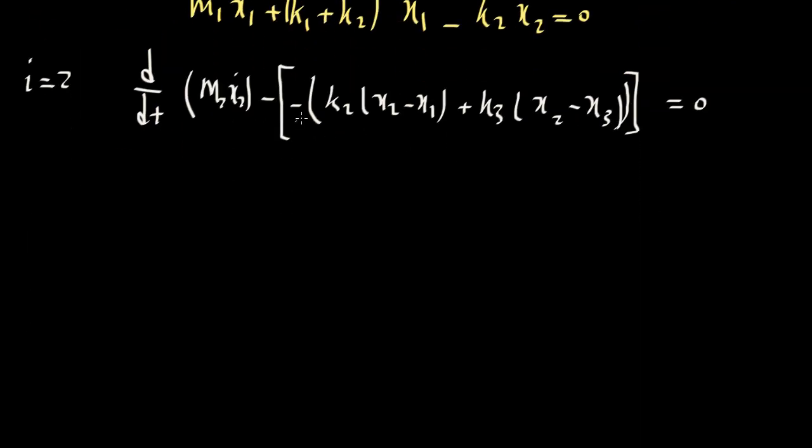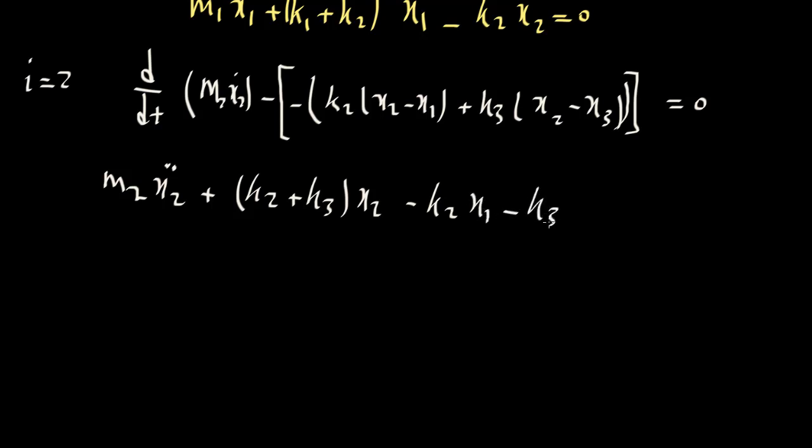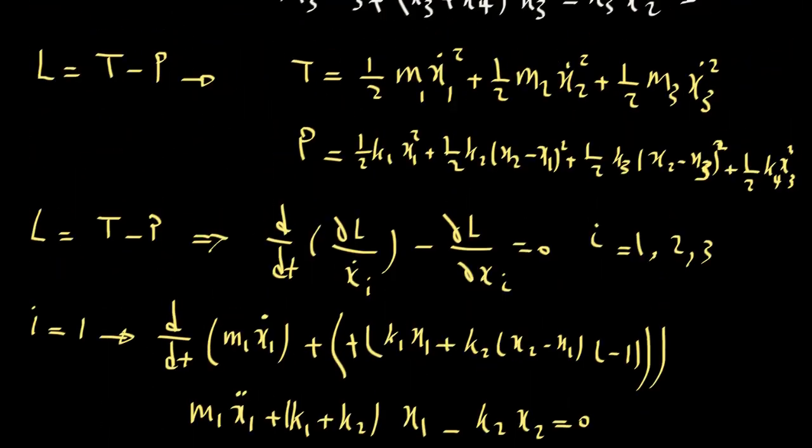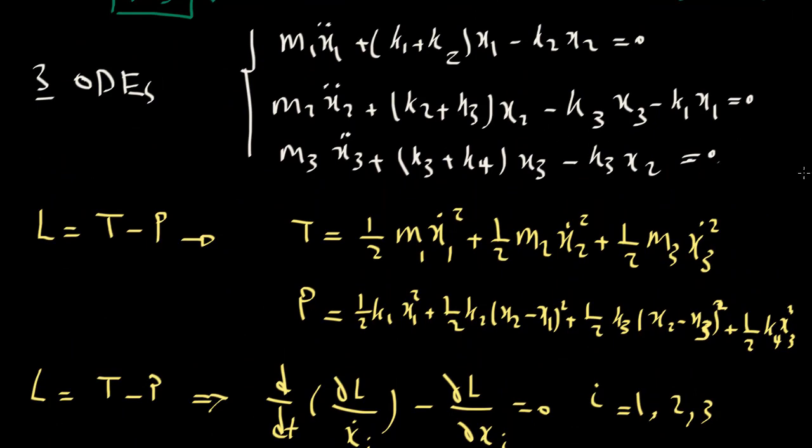So minus minus, here we have a positive, so this would be m2 x2 double dot plus (k2 plus k3) x2 minus k2 x1 minus k3 x3, equal to 0. And this is basically the same equation that we got for x2 using Newton's approach.